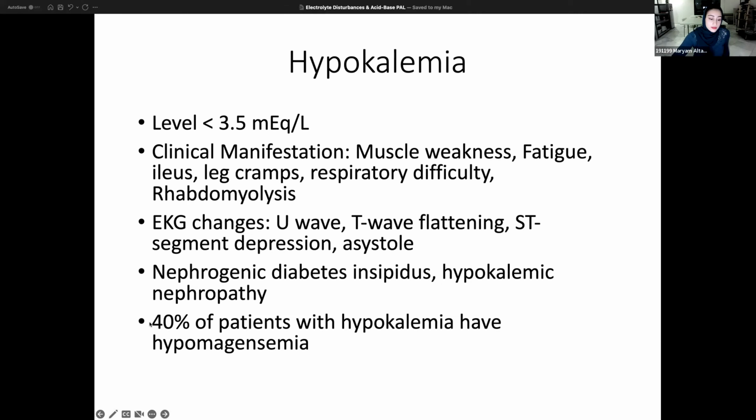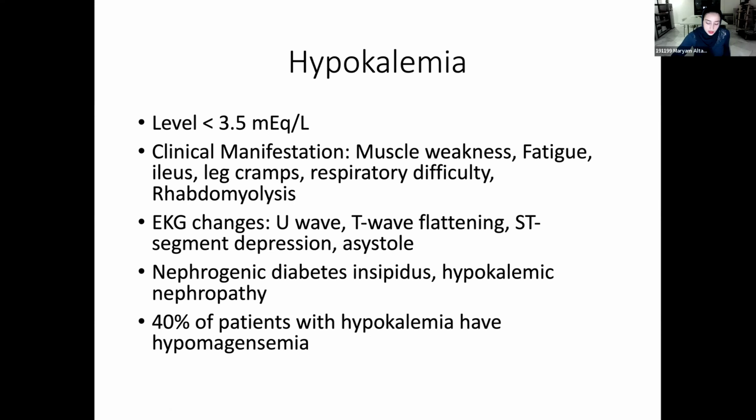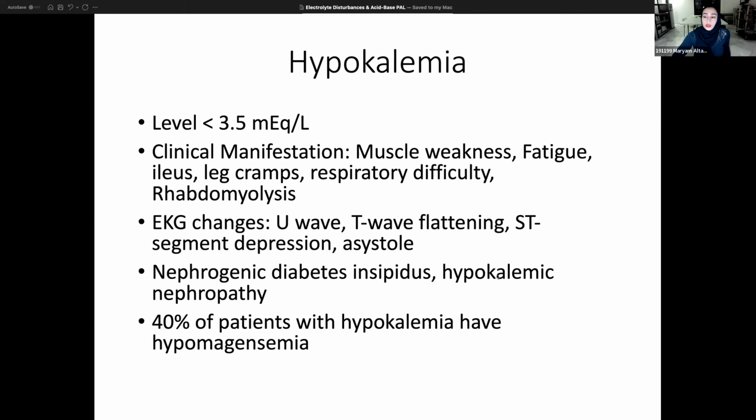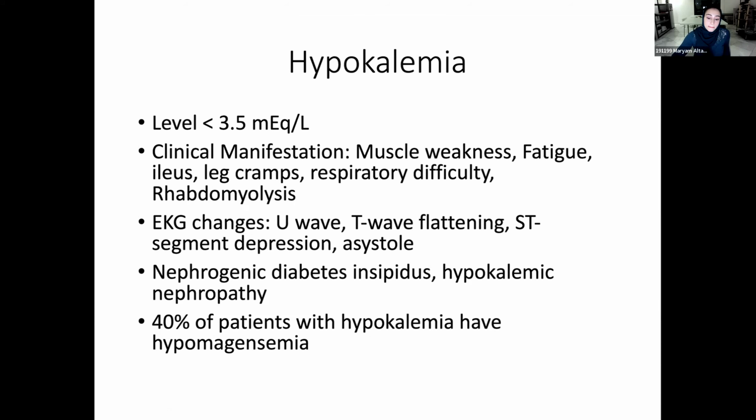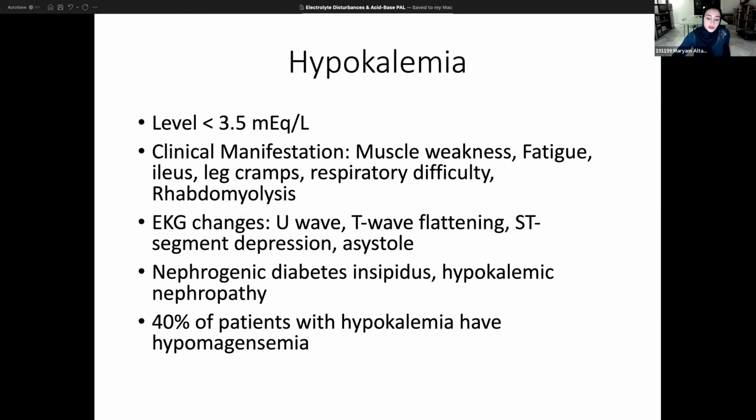But one very important and very high yield thing for you guys to know is 40% of patients with hypokalemia have hypomagnesemia. So there's a transporter in the distal tubules, like in the collecting ducts and whatnot. And those transporters require magnesium in order to function. So they're going to cause excretion of potassium so long as magnesium isn't there.